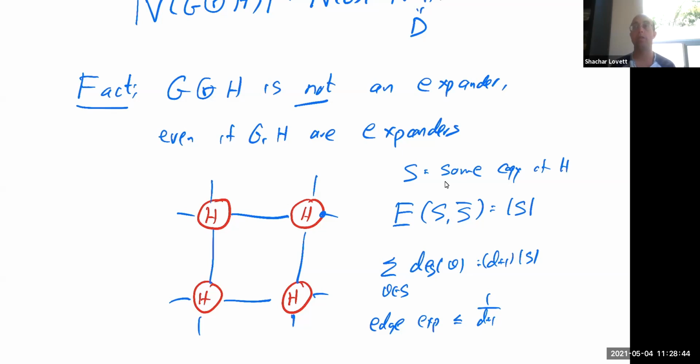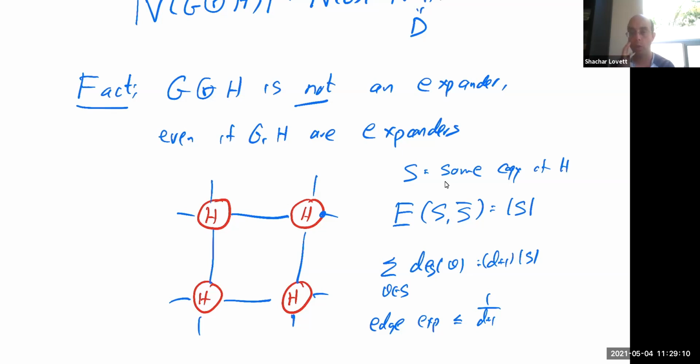The idea of zigzag is to fix this by forcing you to always go outside H. Here the problem is that every node, if you take a random edge from it, most likely stays inside H, and there's only one option of going outside H. So in the zigzag we force you to go outside H. We're taking multiple steps in this graph.